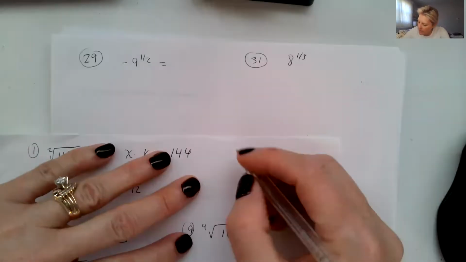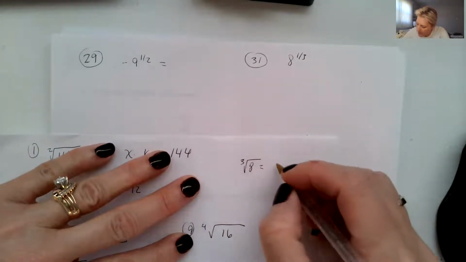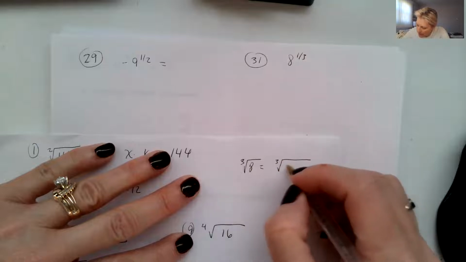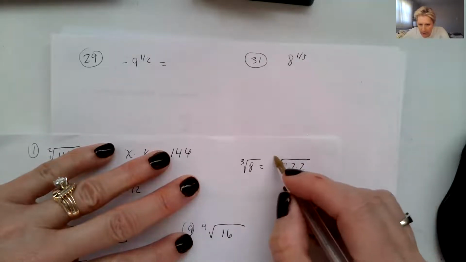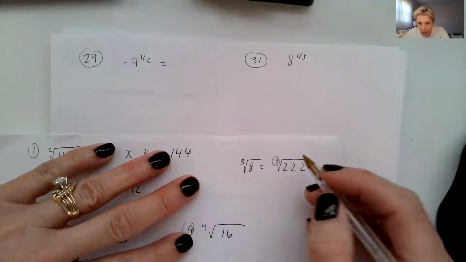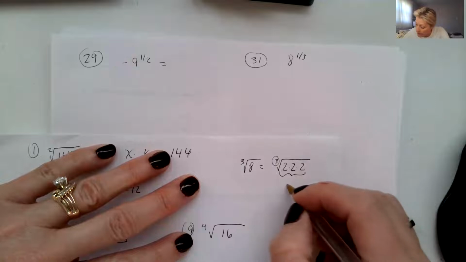For instance, if I said the cubed root of 8, I'm going to list all my factors of 8, which would be 2 times 2 times 2. And my 3 tells me that I need a group of 3 to make a group. I need 3 2s to make a group. And so I have one group of 2s.